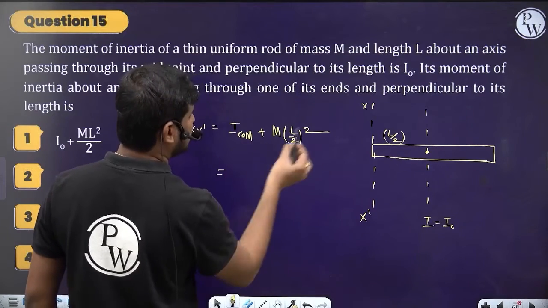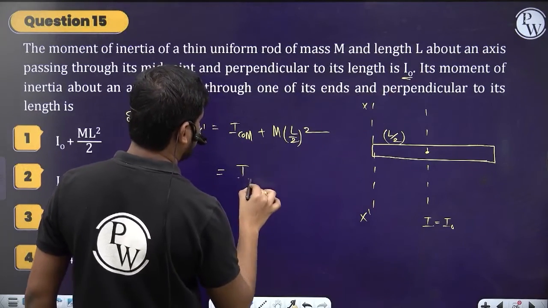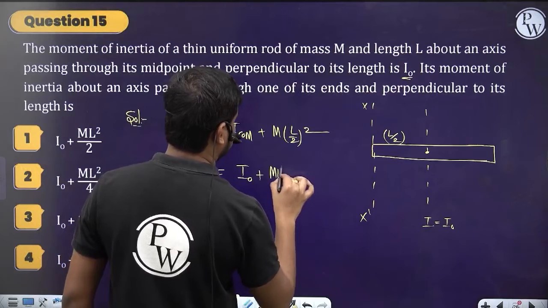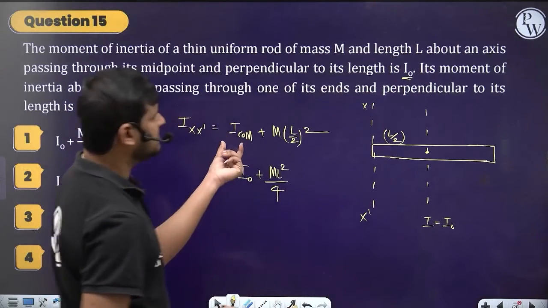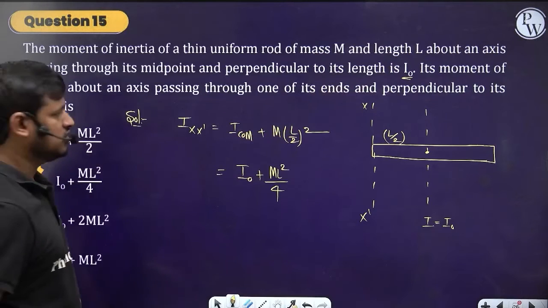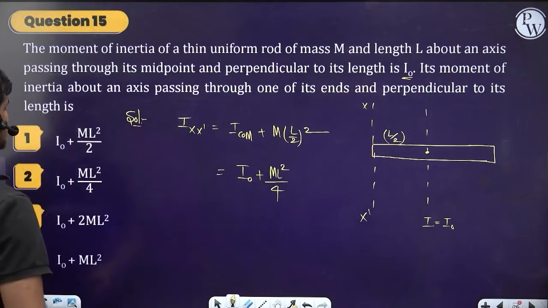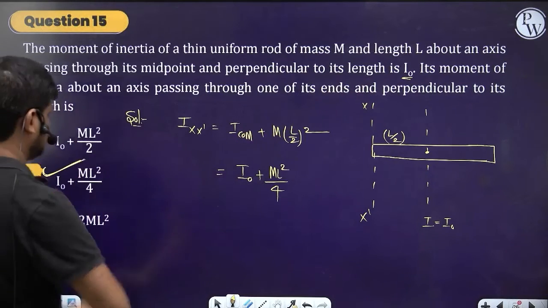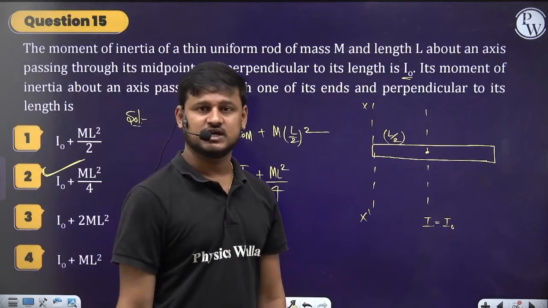About the center of mass they said I naught, so I naught plus m L square by 4. Don't use the standard formula here, because they clearly said I naught and the options are also given in terms of I naught. So it will be I naught plus m L square by 4. Option 2 is the correct one, guys. Clear?